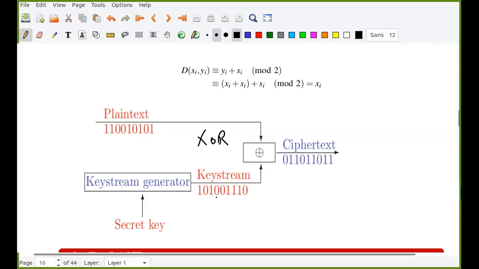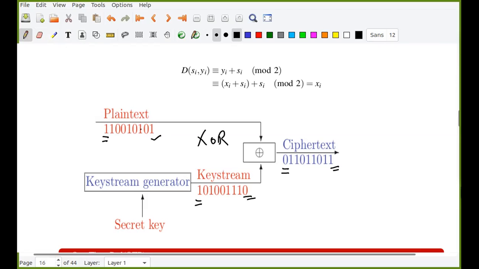That means 1 plus 1 becomes 0. Why did 0 come here? Because here we have 1 and here 1, we add them and get 0. This is the ciphertext. Like that we will do for all of them. The first bit comes first, here 0 comes first, so here also we have 1. Any questions?